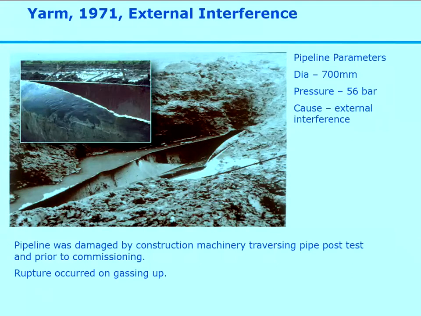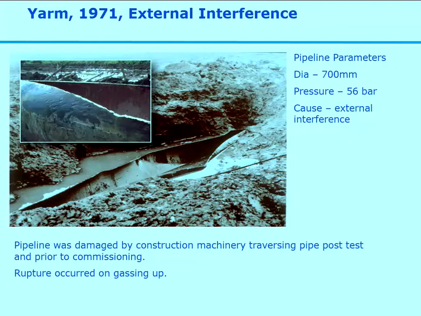What you can see here is the pipeline has ruptured, and ruptures in gas pipelines look very different to ruptures in liquid lines, and you'll see that as we go through. But in this case, the rupture has arrested, which means that the material properties were okay. They prevented a propagating fracture.